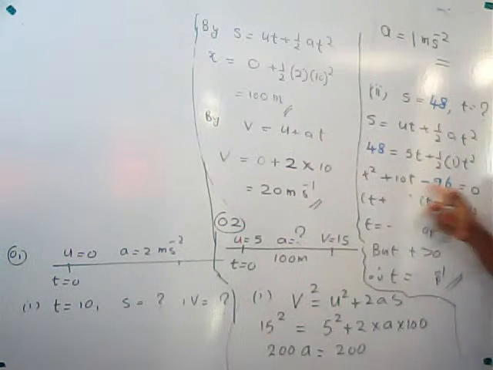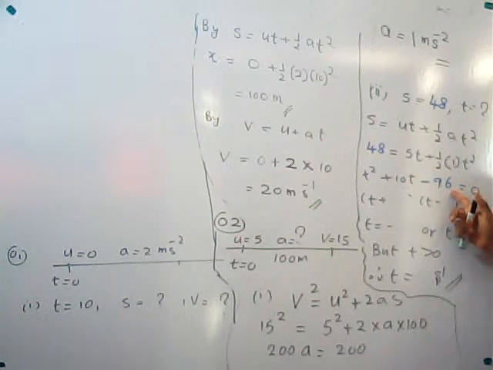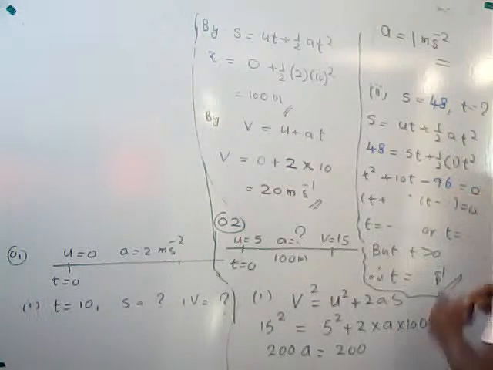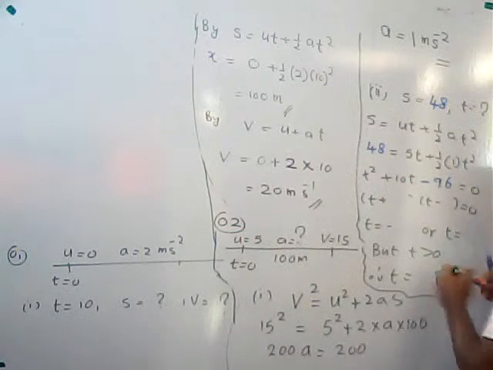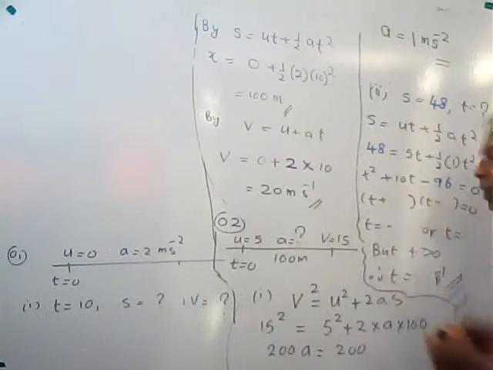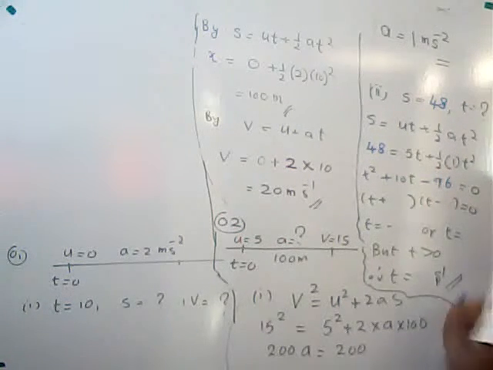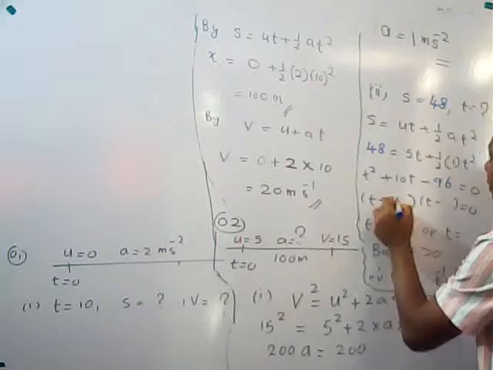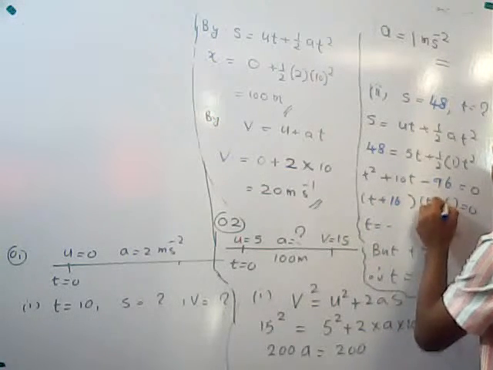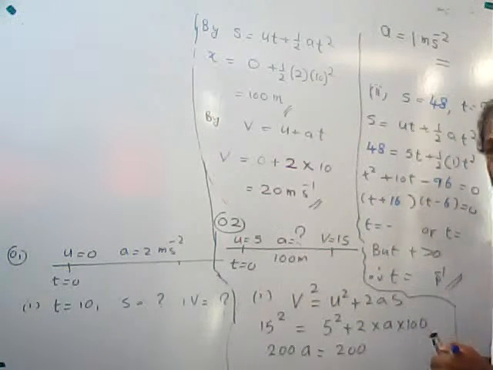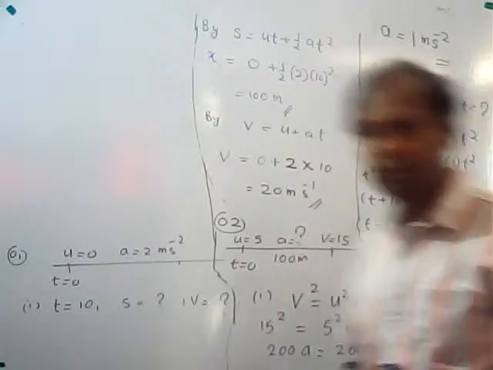It's t squared plus 10t minus 96. 96 you can break into two factors. 96 you can write as 16 into 6.